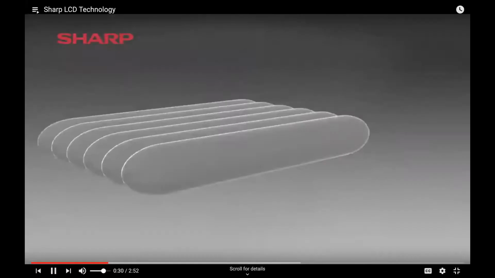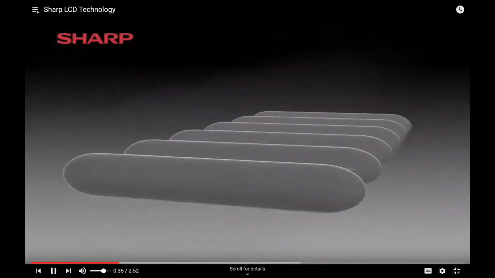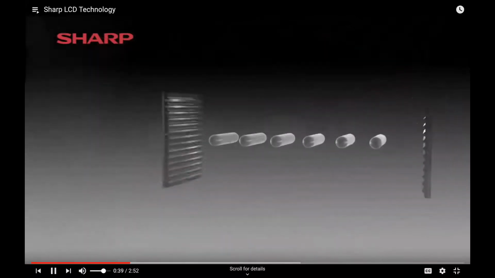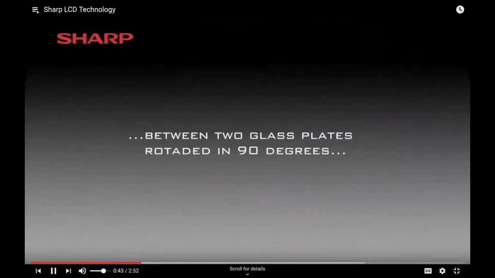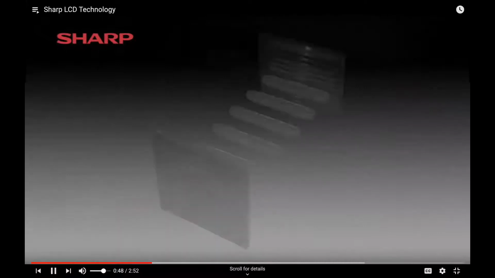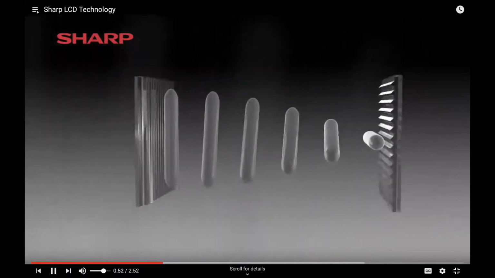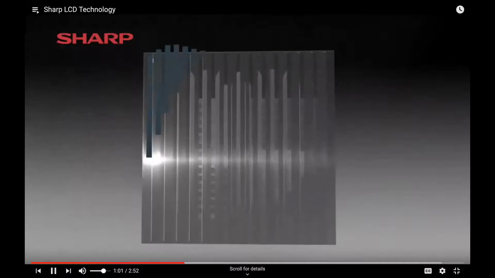In liquid crystals, the molecules are similar to long, drawn-out rods. As with crystalline structures, these molecules exhibit a strictly ordered crystal structure. The ordering of the molecules creates a directional orientation. In most LCD displays, the liquid crystals are embedded between two glass plates rotated by 90 degrees. This formation produces what is known as a twisted nematic LCD. A polarization filter is fitted onto each of the outer glass plates.